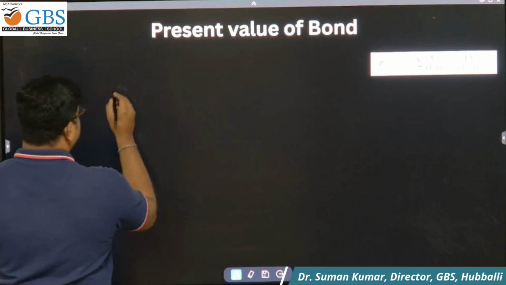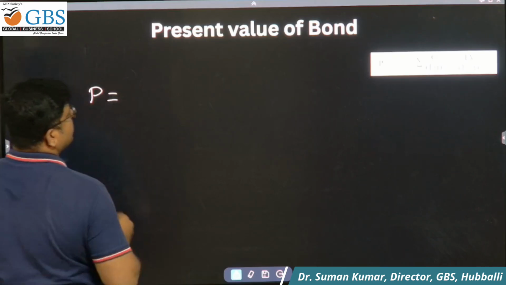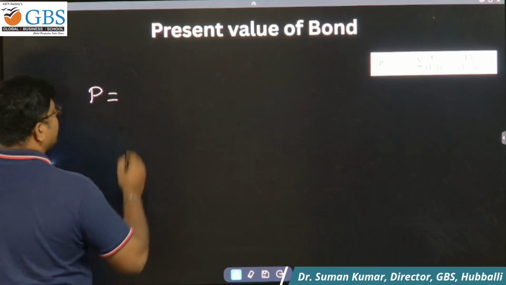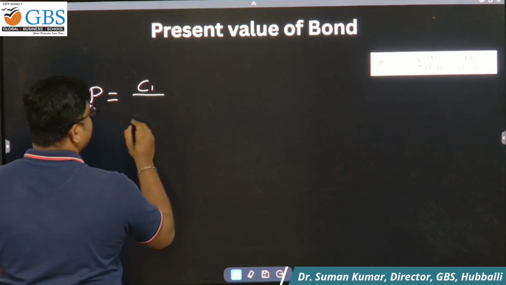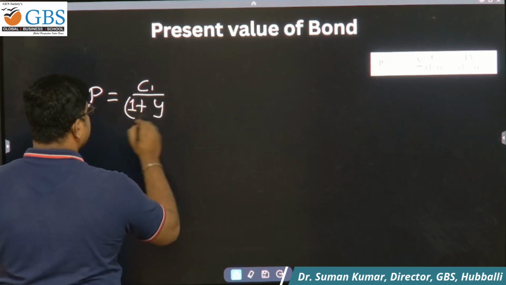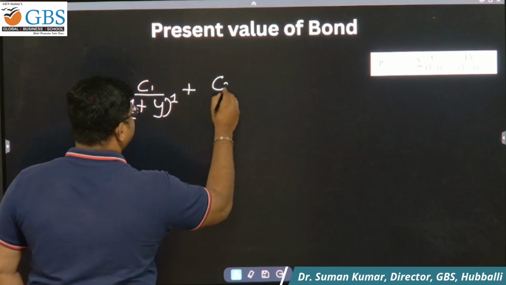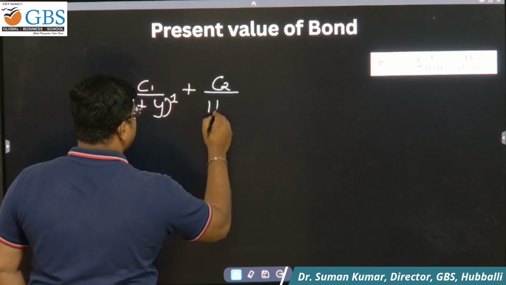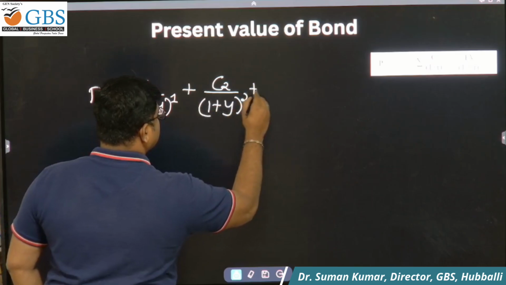The formula for this you can write down along with me. Present value of bond can be written as C1 by (1 plus y) raised to 1, plus C2 by (1 plus y) raised to 2, and so on.